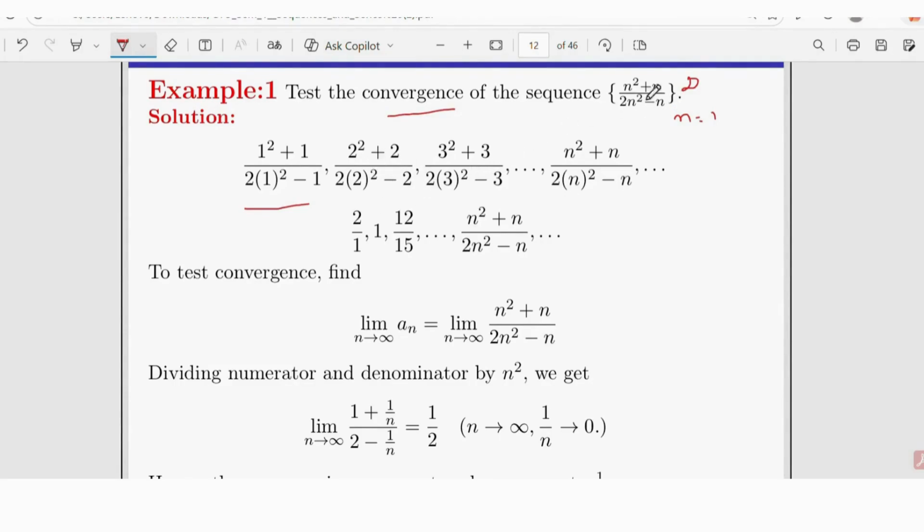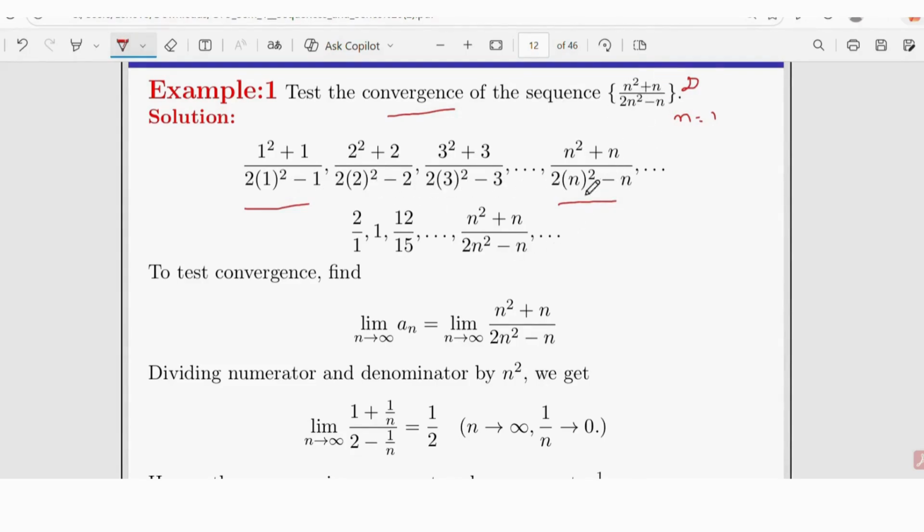In the same way put n equal to 3 here. So we get (3 square plus 3) upon (2 into 3 square minus 3), and so on. Put n equal to n. So we get (n square plus n) upon (2n square minus n). So this is the nth term of the sequence, and so on. So all these are the terms included in this sequence.